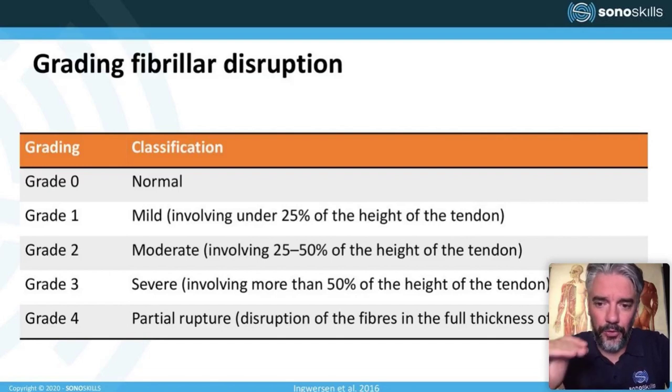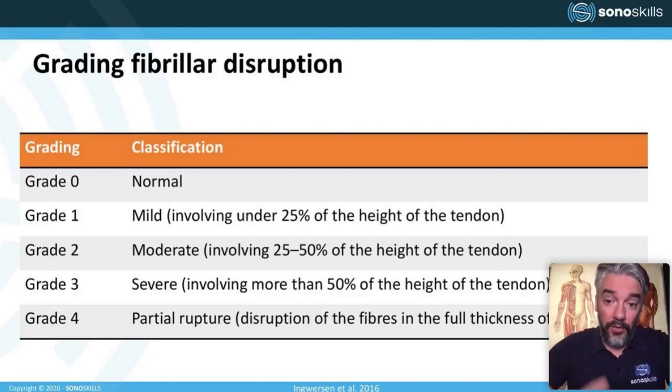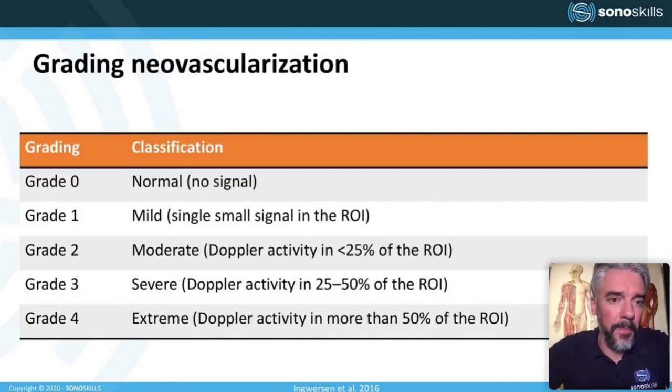I think we should stop developing new classification systems, and it would actually be better to slowly go to only one, so that we start speaking the same language. And we can also grade the neovascularization: mild, moderate, severe, and extreme. I think this is also a very useful classification for discussing and quantifying neovascularization.